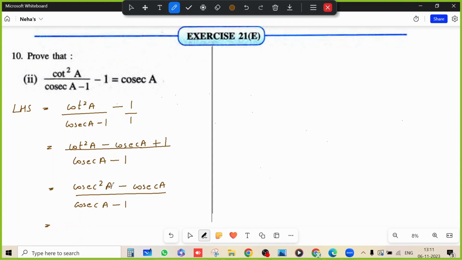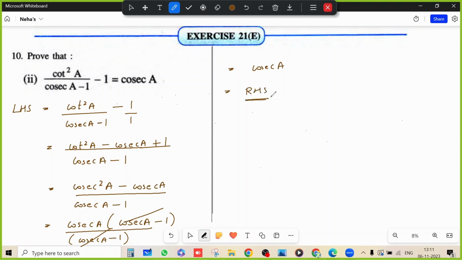Now we can take cosec A common in the numerator. So this will become cosec A, cosec A minus 1 in the bracket, divided by cosec A minus 1. Now the brackets will get cancelled out in the numerator and denominator, and we are left with cosec A, and this is equal to the right hand side, and hence we have proved that the left side and the right hand side are equal.